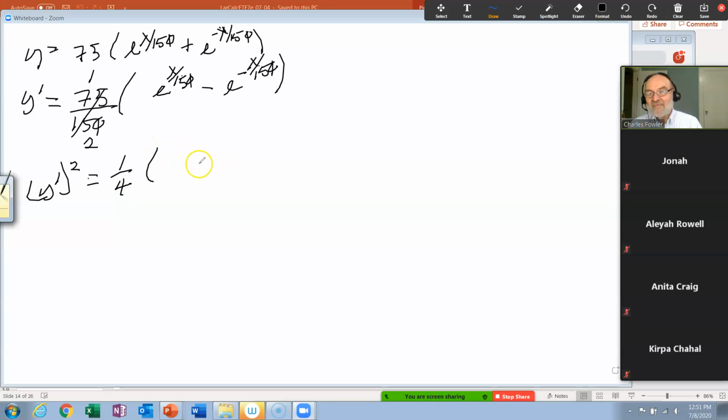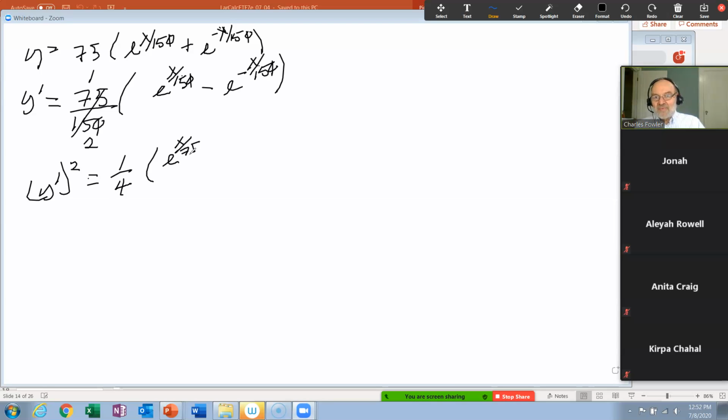And then you would have the square of the first one, which would be e to the x over 75, right? When you square a number raised to a power, you double the exponent. So we multiplied it by 2.